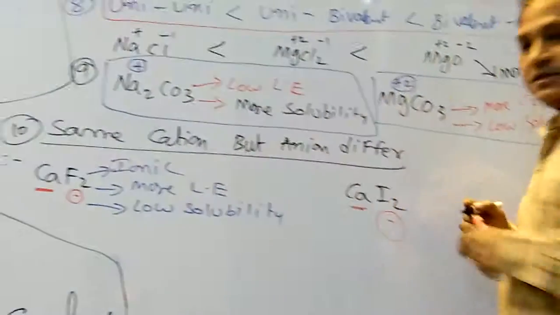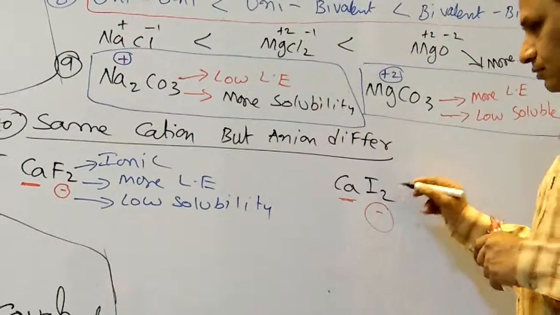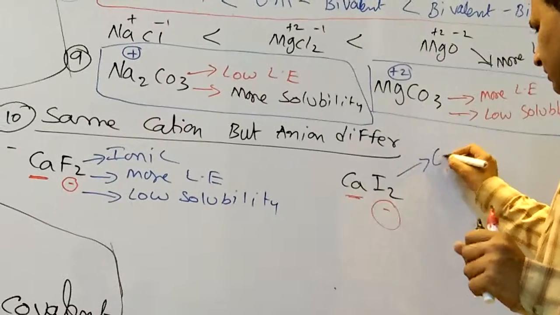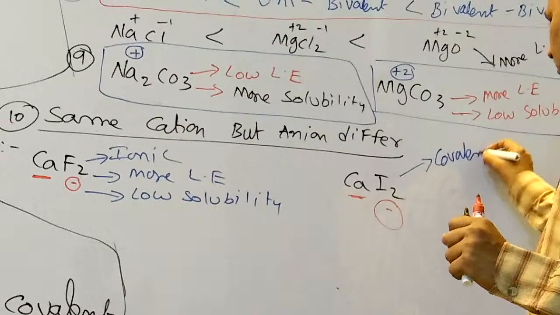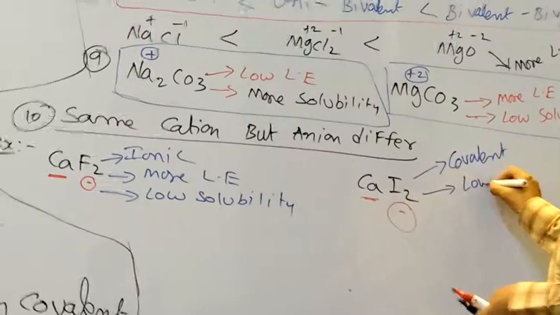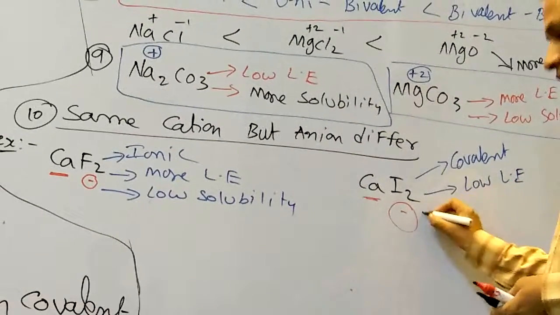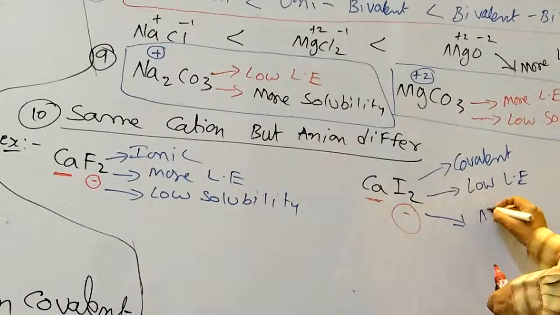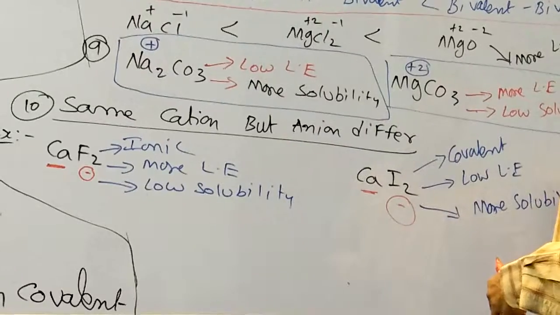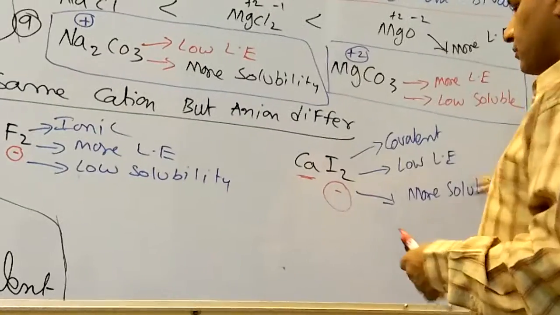Coming to CaI2, it has a big anion. Big anion means covalent. Covalent means low lattice energy. Low lattice energy means more solubility. Okay.